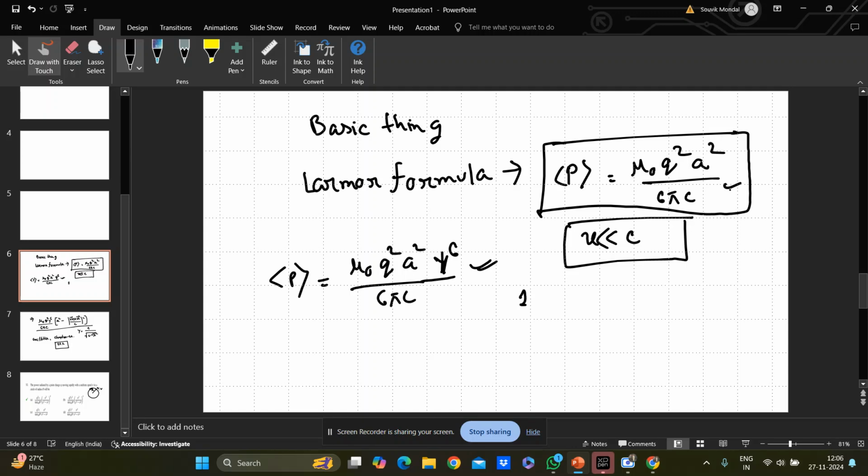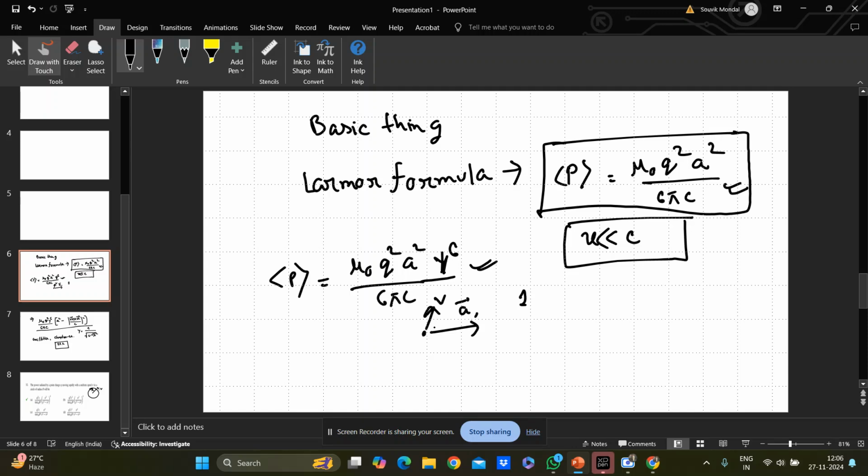So first, remember the Larmor formula. Then think about what factor you should put in when v is not much less than c. This is the modified Larmor formula. But it is valid only when the charge is moving in the direction of the acceleration a, and you don't have any velocity in another direction.